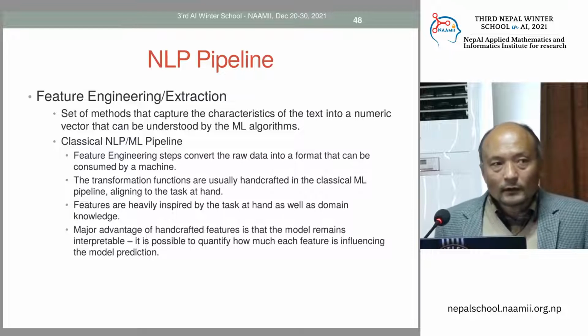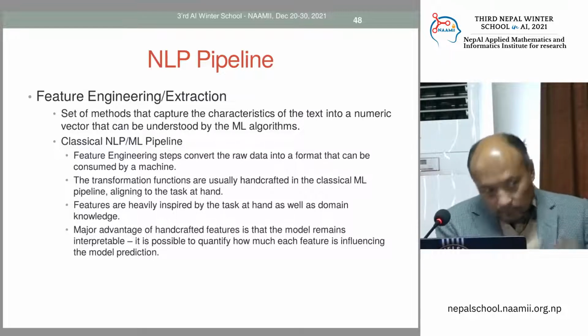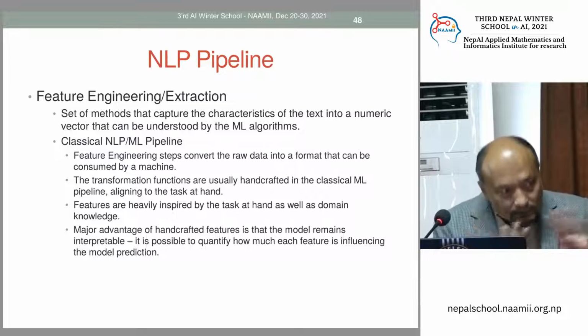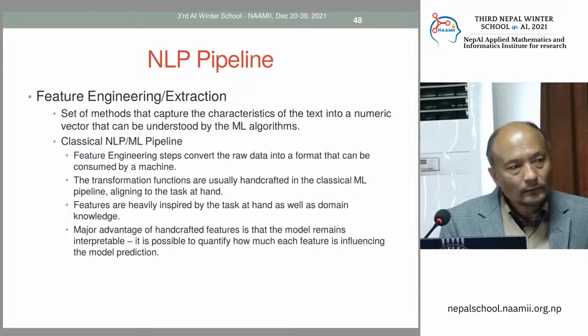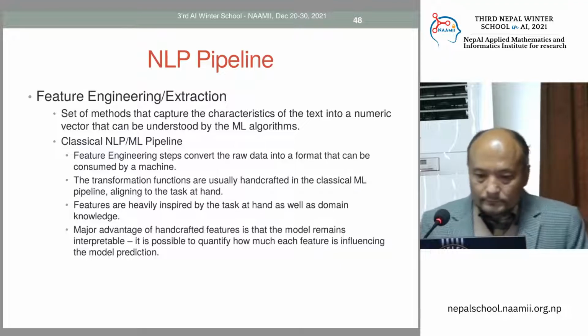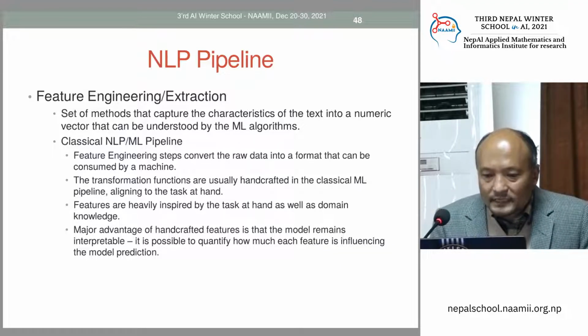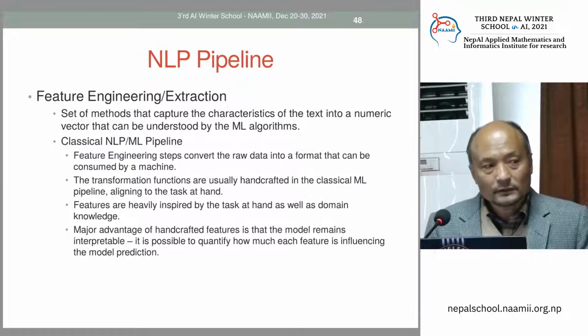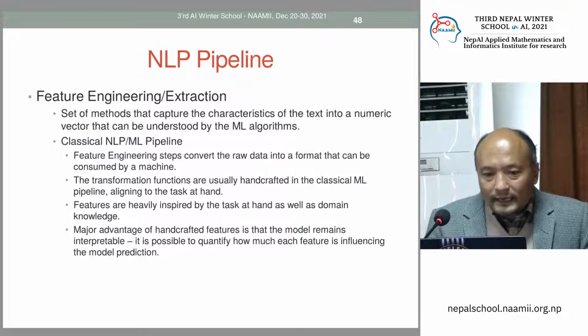But if you did not do this handcrafted and just relied on, let's say, a deep learning model, you wouldn't necessarily know which features were considered for that classification. It is possible to quantify how much each feature is influencing the model prediction if it is a model with handcrafted features.